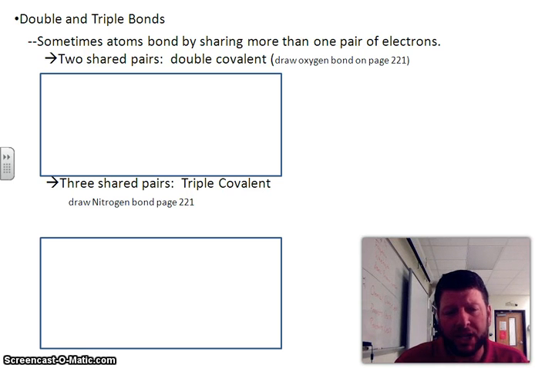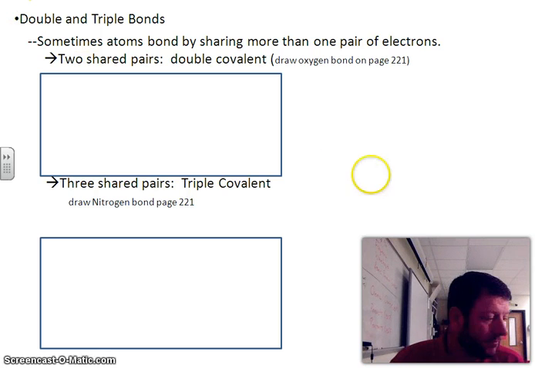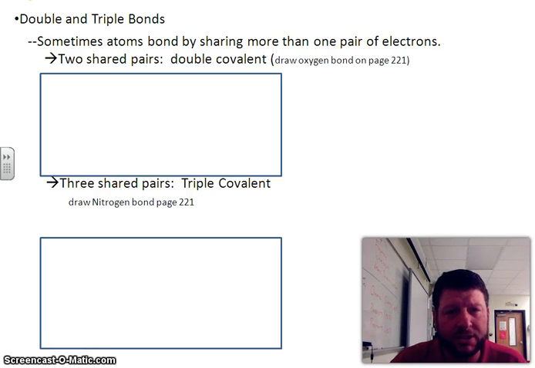If there are two shared pairs, this is called a double covalent bond, as you will notice when you draw the oxygen bond on page 221 in the box below. As you can see in the oxygen diatomic molecule that you drew, each oxygen will have to contribute more than one electron to the bonding process, because sharing just one each with the other is not going to make a stable octet.